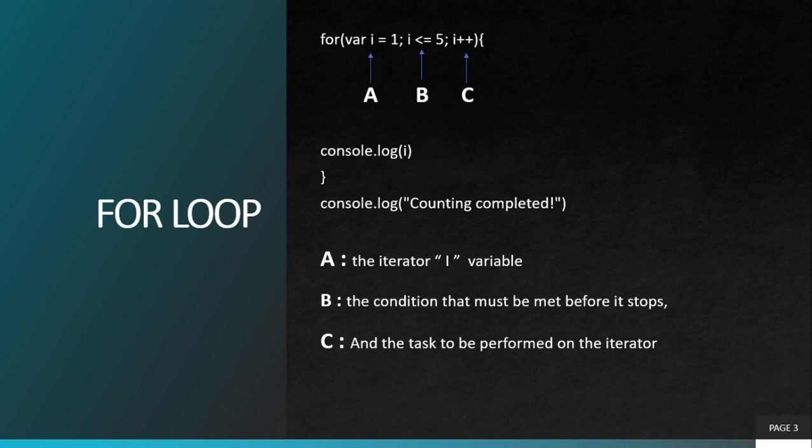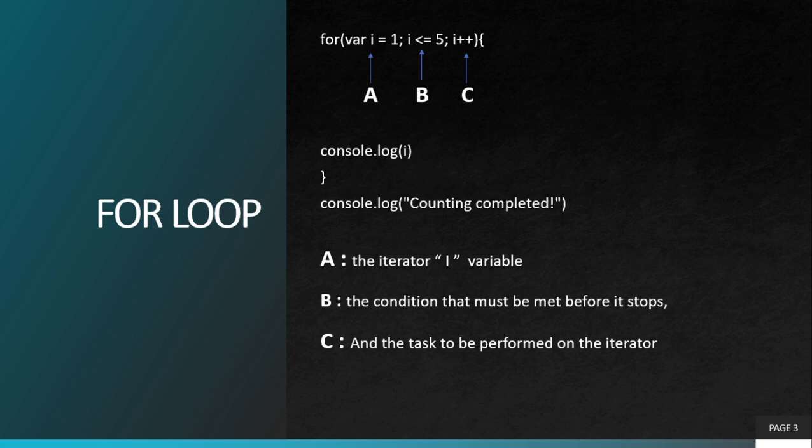Without it, the C part, the task performed on the iterator, tells I to just keep incrementing. So it will keep counting 1, 2, 3 till infinity without stopping, and you have issues with it.